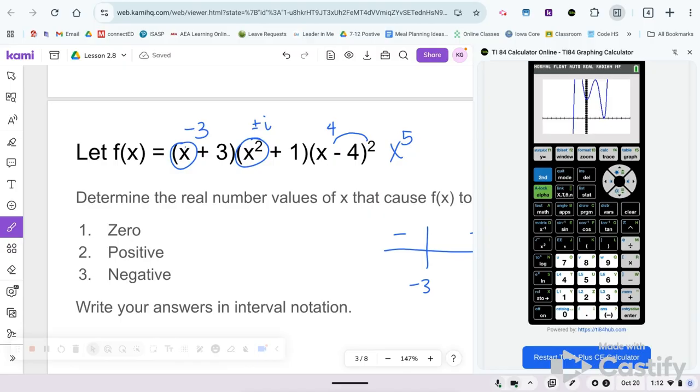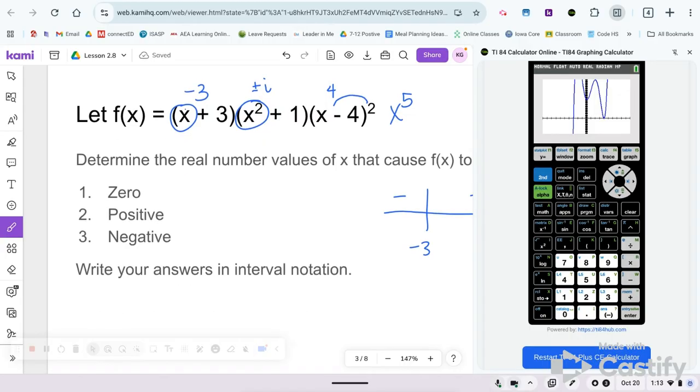There you can kind of see what's going on, but what we're really worried about is where this function is 0, negative, and positive, and we have to write our answers in interval notation. So it looks to me from negative infinity up until -3, this function is negative, and it is positive after that.